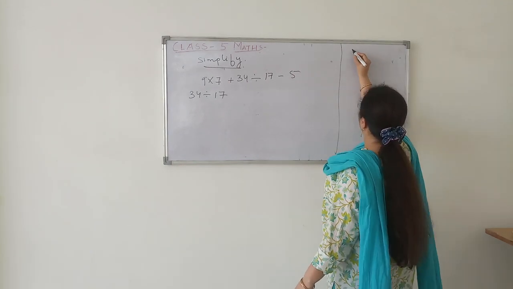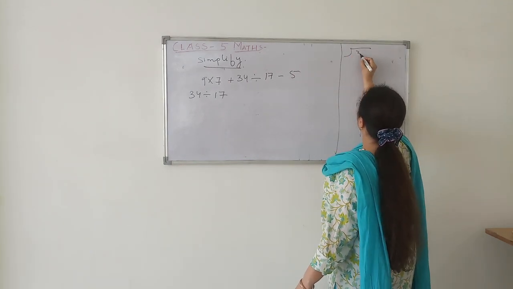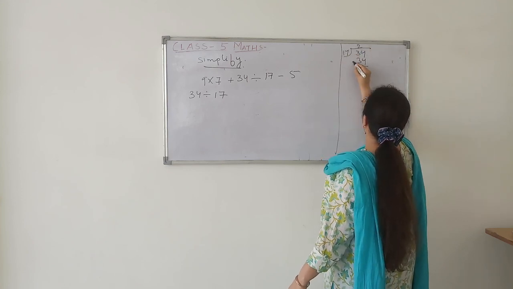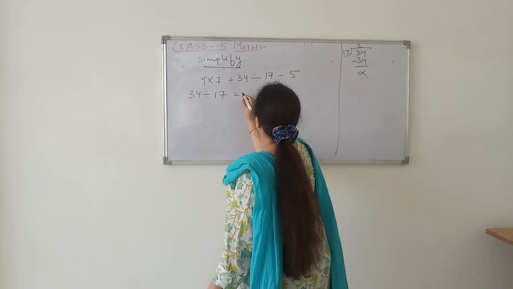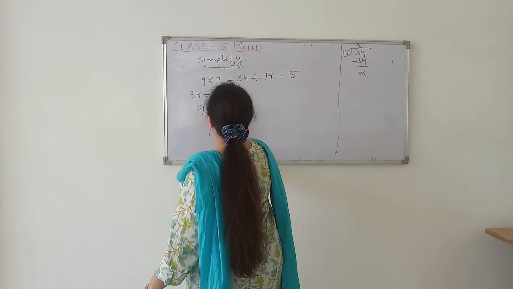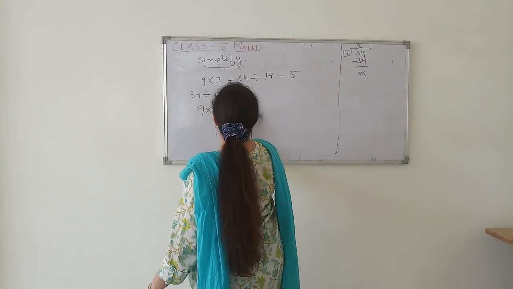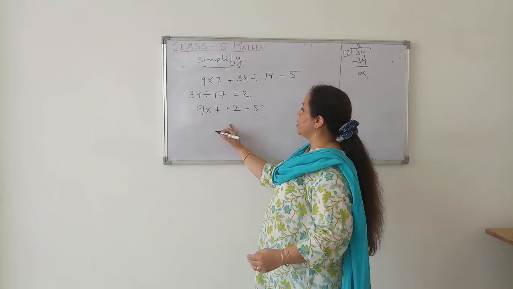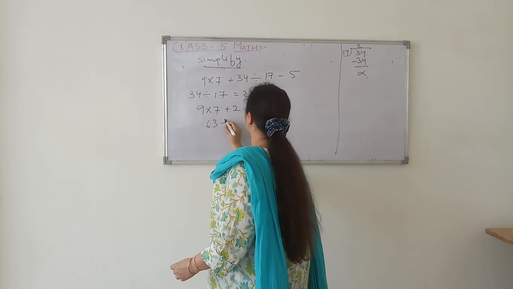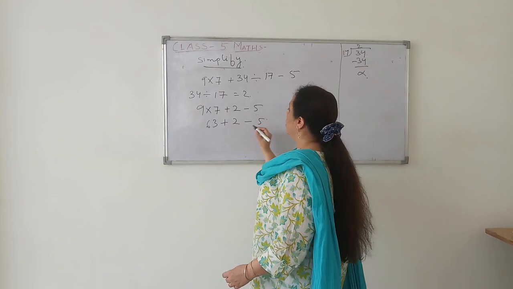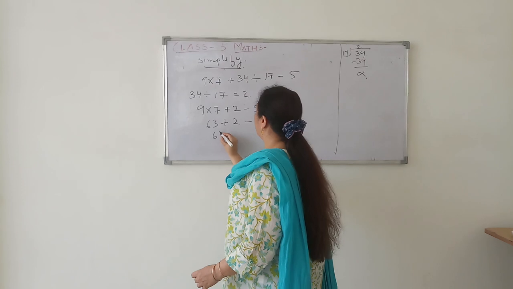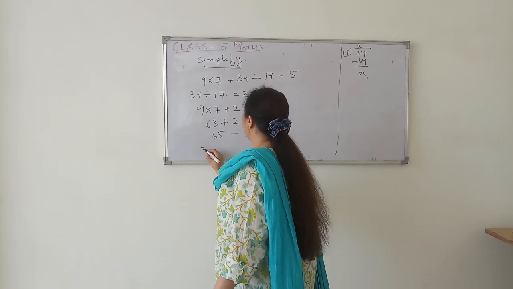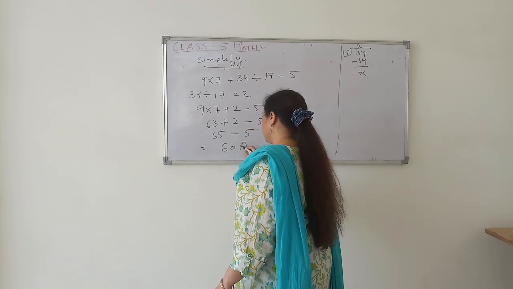Here 34 will be divided by 17 and we will be getting 2. Now we have 9 into 7 plus 2 minus 5, right? Now 9 into 7 is 63, plus 2 minus 5. Now 63 plus 2 is 65, and then minus 5, and the answer will be 60.